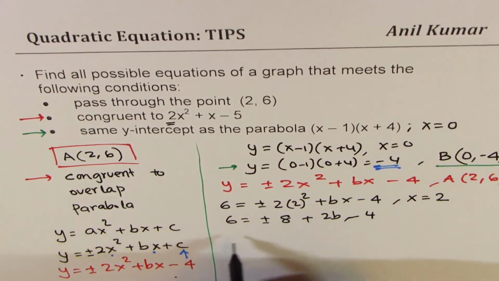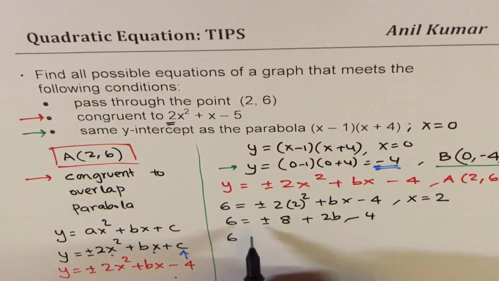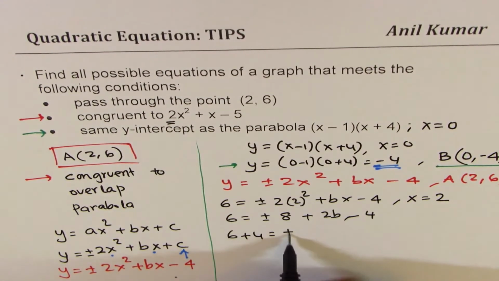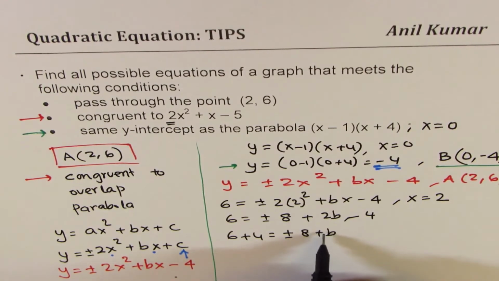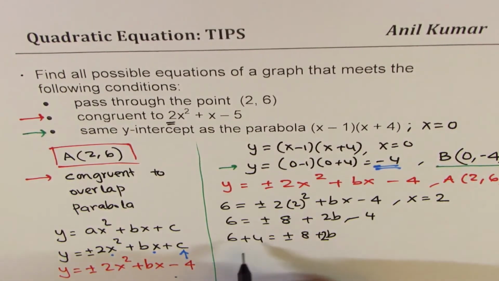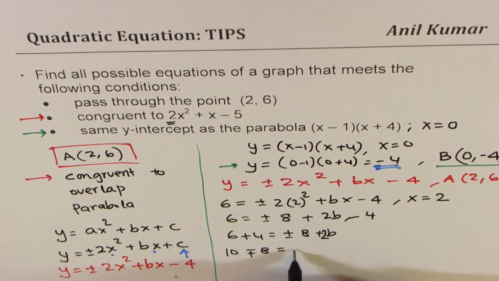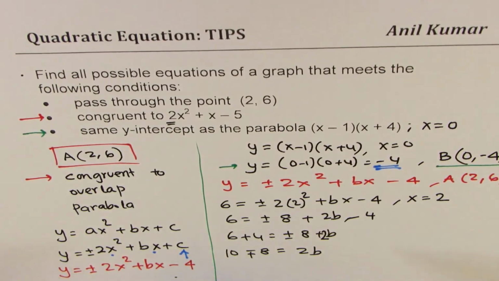Minus 4. So that gives me 6 plus 4 equals plus or minus 8 plus 2b. So that is the equation. Or let me write this as 10 minus or plus 8 equals twice b. So we get an equation to find b.